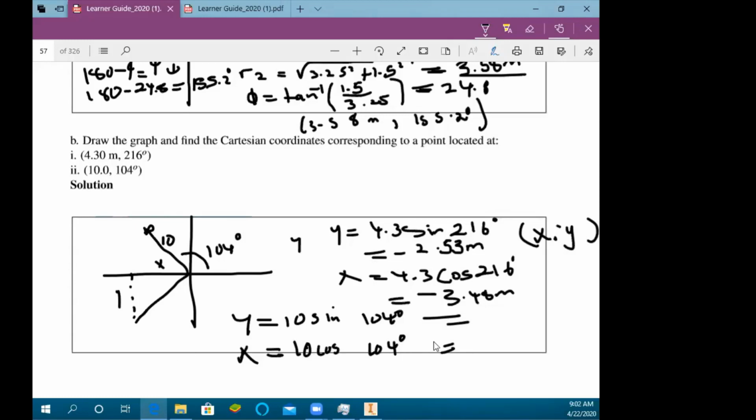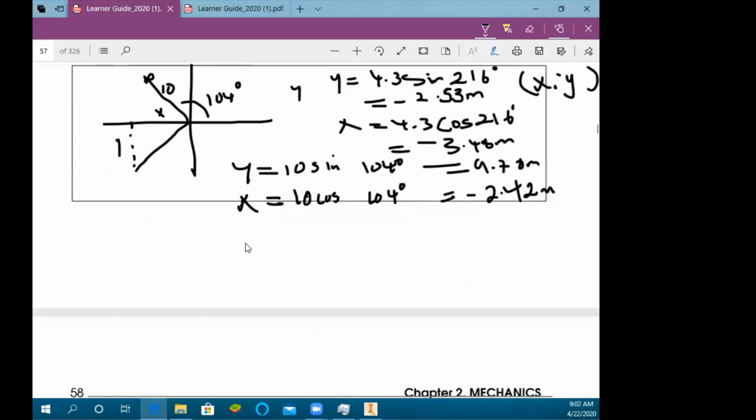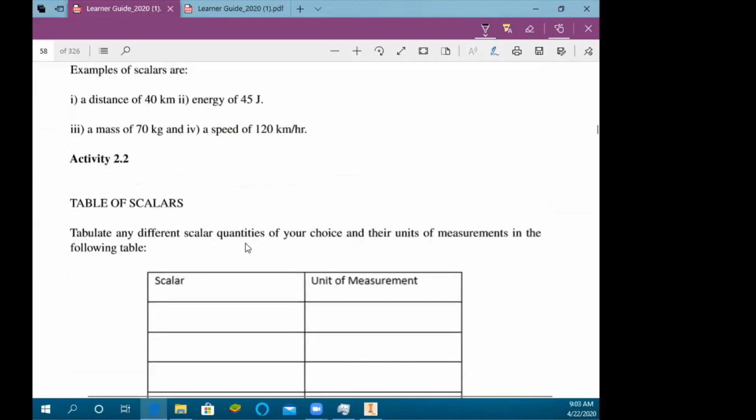Right. What do we get there? 9.70. The other one, negative 2.42. Is that what you get? Okay. Yes. Okay, let's move on.